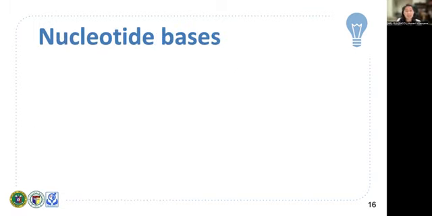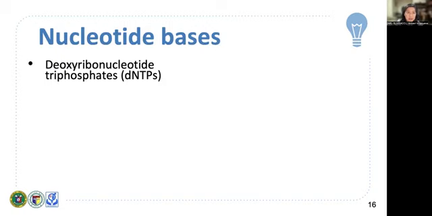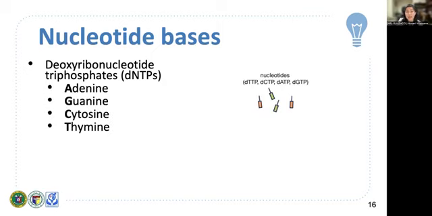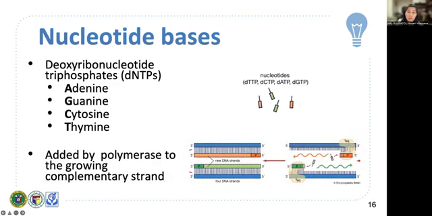And then lastly, nabanggit ko na rin kanina, you have your nucleotide bases, such as your deoxyribonucleotide triphosphates, dNTPs for short. So you have your adenine, your guanine, your cytosine, and your thymine. So these are synthetic oligonucleotides that are free-flowing in your PCR mix for your polymerase to be able to access them and to be able to add them to the growing complementary strands.